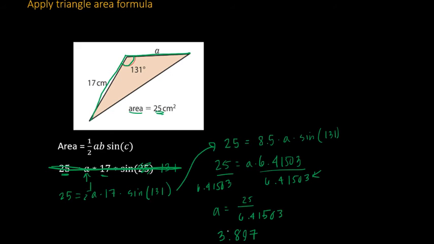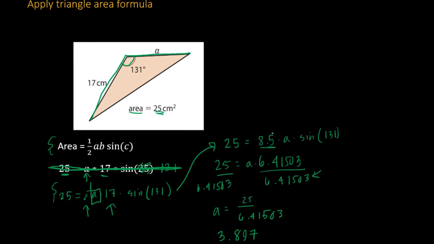Okay, so I know this one was a little messier, but let's review. We were given one side of a triangle, the included angle, and we were asked to solve for the second side. We were also given area. We used our area equation, and we plugged in all the variables we knew, leaving a the only thing we needed to solve for. I started combining things slowly, so the first thing I did was take 1/2 of 17 to simplify those constants, which came out to 8.5.